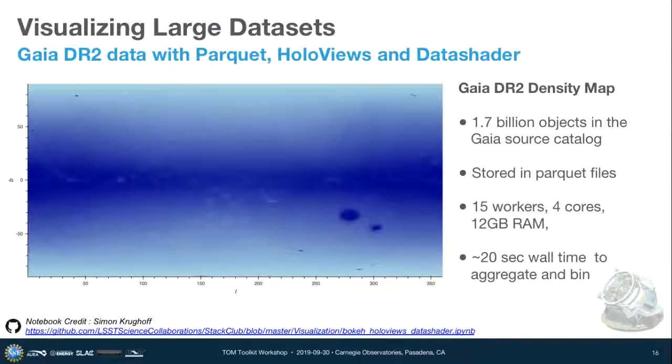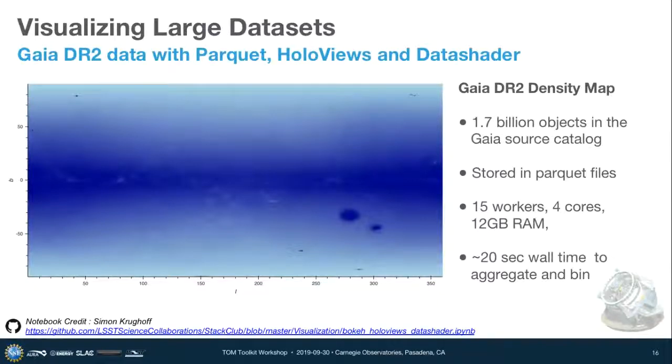We were able to do density analyses on the Gaia DR2 main catalog, which has 1.7 billion entries in it, in about 20 seconds for a recomputation to aggregate and rebin the data.